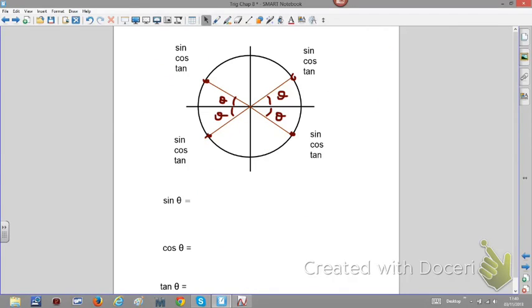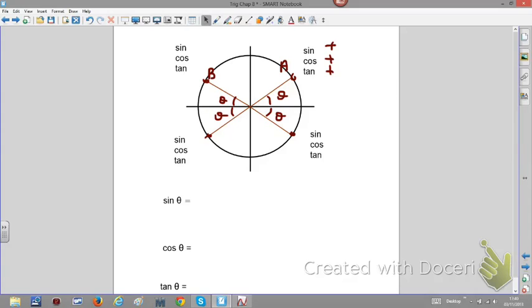So let's have a look at that again, and think about whether they're positive or negative. In the first one, point A, your x-coordinate and your y-coordinate are both positive, so sine is positive, cos is positive, and because tan is sine divided by cos, positive divided by positive is also positive.